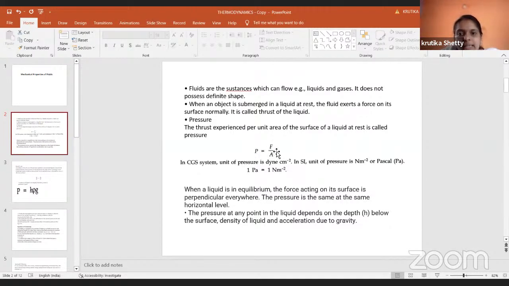So in SI system, it will be Newton per meter square, and this Newton per meter square is called as Pascal. And in CGS unit, this is called as dyne per centimeter square. Okay. Then here we have the relation between 1 Pascal and 1 Newton per meter square. So that is 1 Pascal is equal to 1 Newton per meter square.